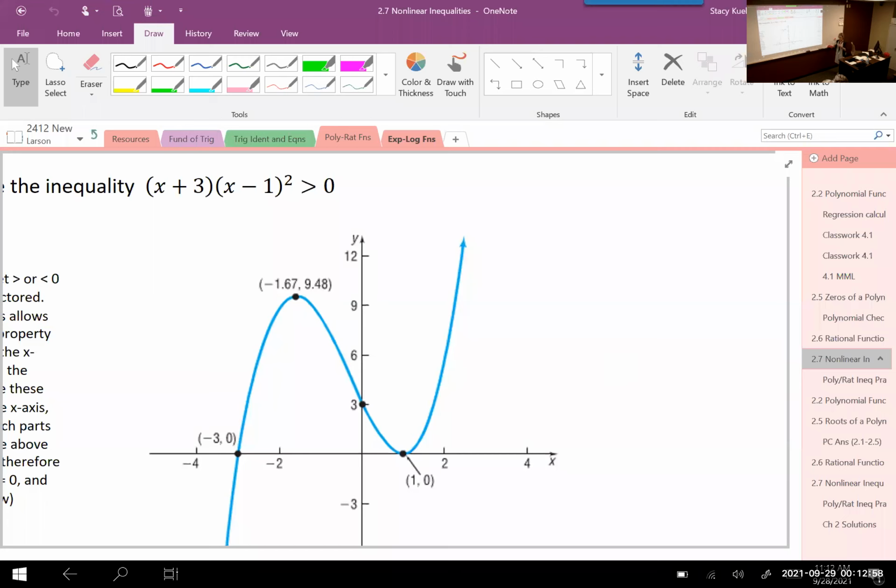I get x is equal to -3 and +1, if I was solving this as an equation. With equations, we get actual values.